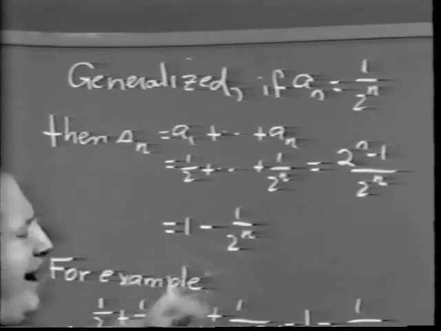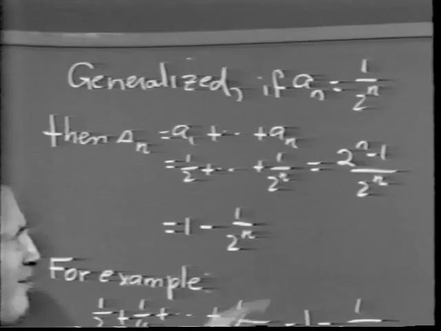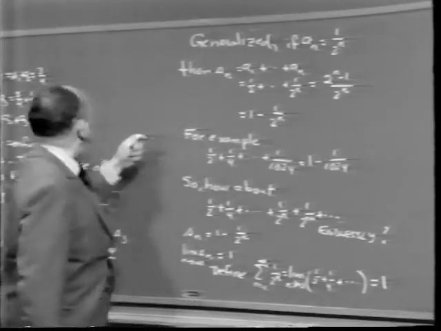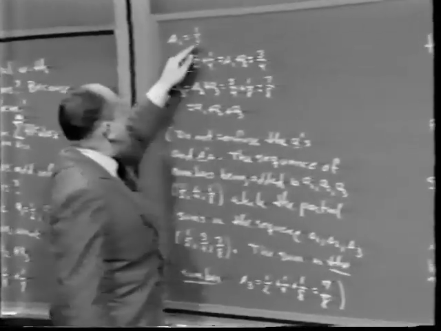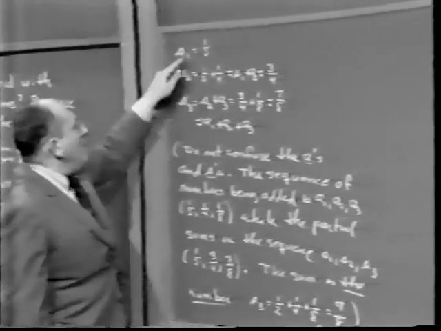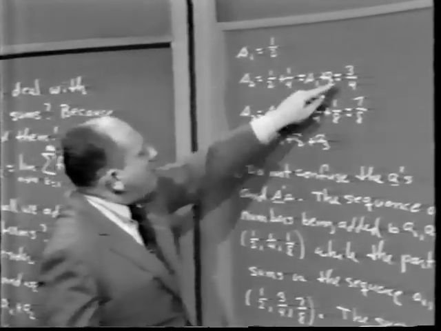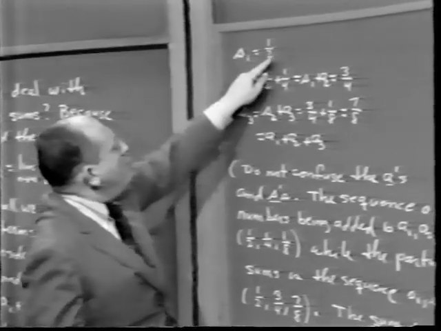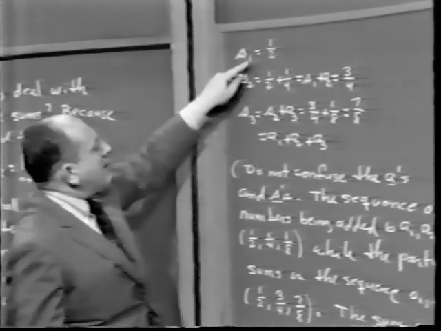And by the way, rather than take time to develop this recipe over here, I thought you might like to see another place that might be interesting to review mathematical induction. If you'll bear with me and just come back over here where we were computing these partial sums. Notice that in each of these partial sums, your denominator is always 2 raised to the same power as this subscript.